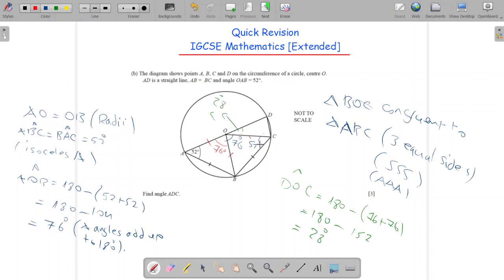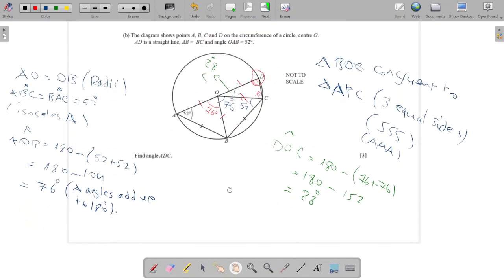And since this triangle is isosceles, I can find this angle here and this angle here. Remember that we're trying to find this angle that you see here. So this is the last step.